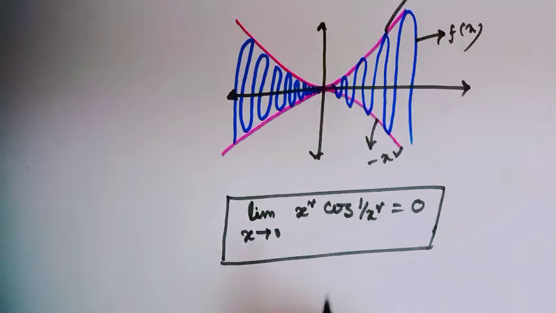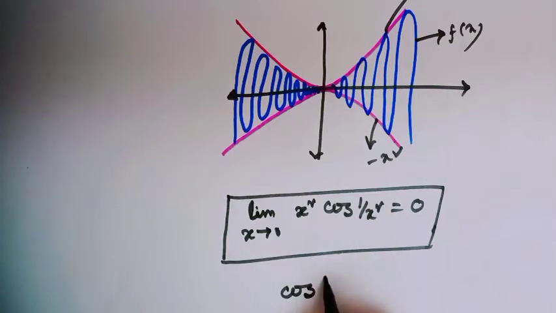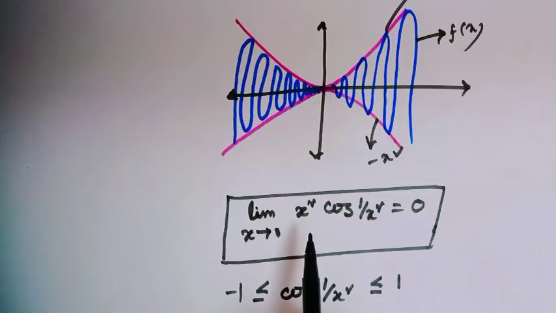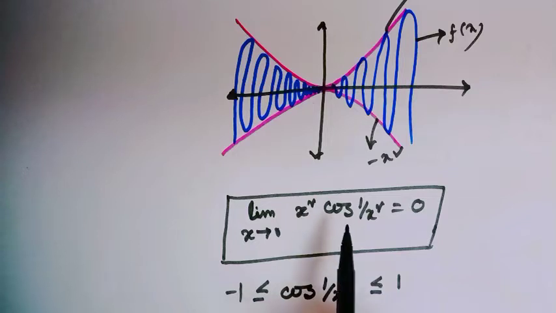Now let's apply the squeeze theorem mathematically. We all know cos(1/x squared) lies between plus 1 and minus 1. We cannot evaluate the limit of the function x squared cos(1/x squared) directly.